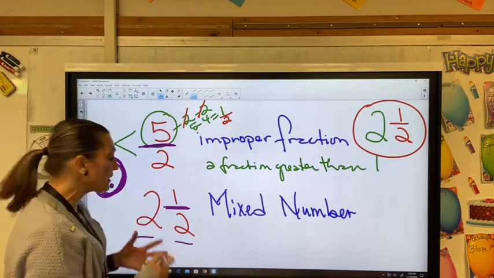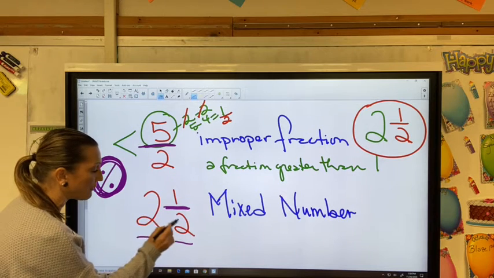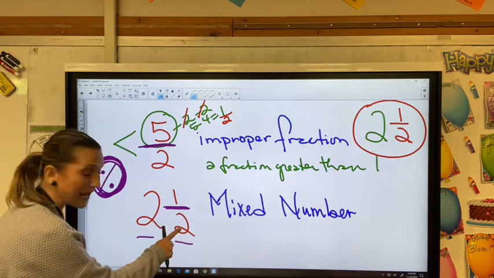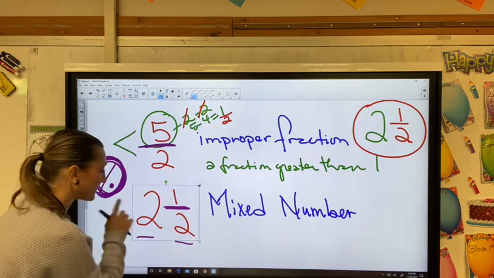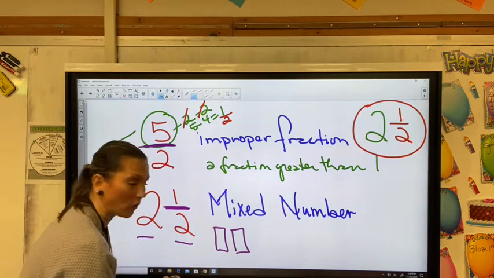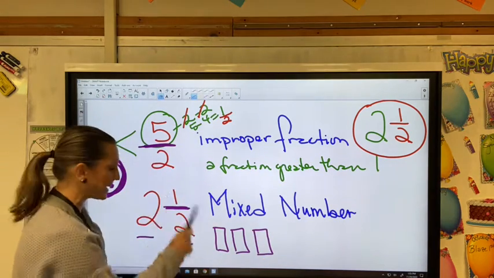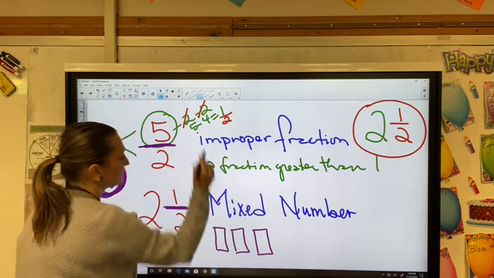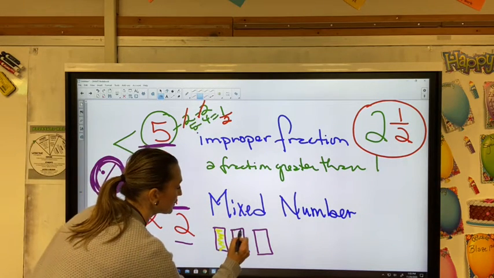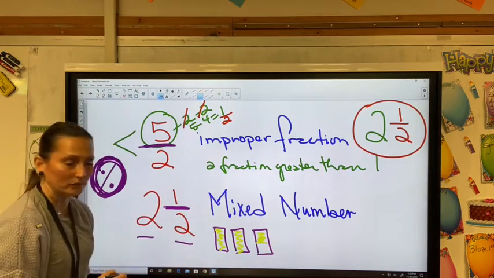And the way many of the kids like to do that is, if you have 2 and you know every one of those wholes has 2 parts. So here is one of those wholes. Here's another one of those wholes. And then here's another whole, but I don't have all of that. I only have half of it. So here's 1 whole, here's 2 wholes, and I only have half of the next whole.